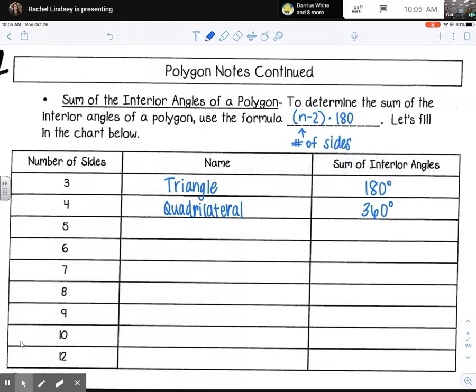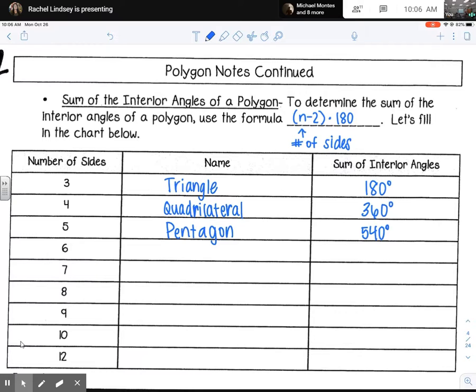Okay, what's a five-sided shape called? Pentagon. And then to find that, 5 minus 2 is 3. 3 times 180 is what? 540. If you notice, how much are they increasing each time? 180.